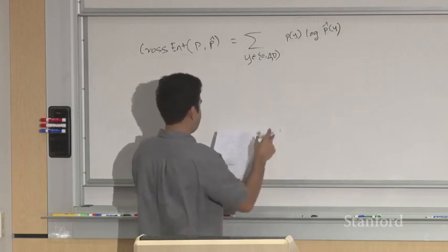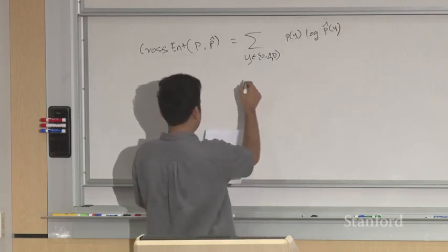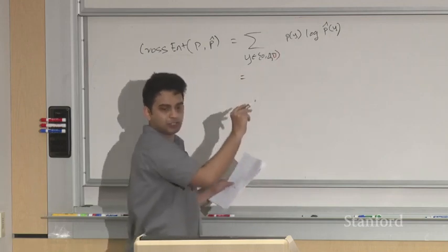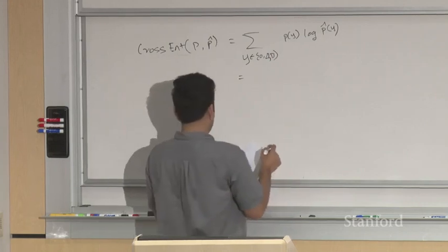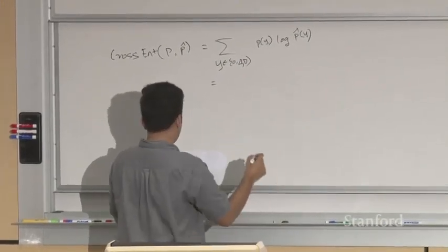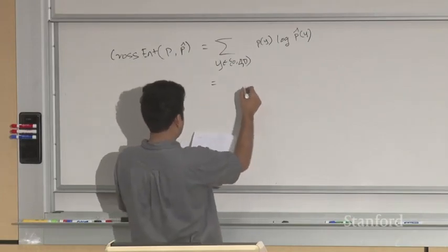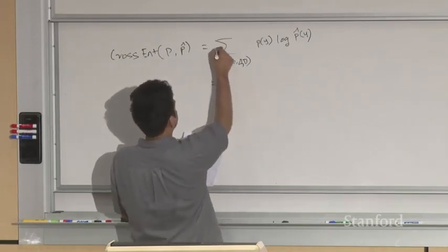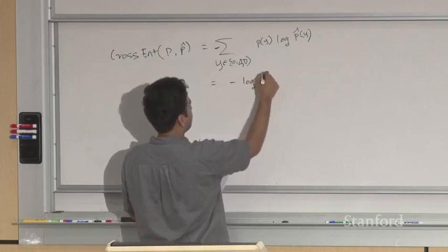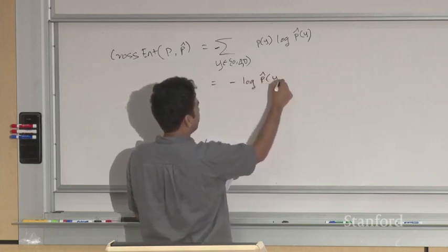I don't think we'll have time to go over the interpretation of cross entropy, but you can look that up. So here we see that p of y will be 1 for just one of the classes and 0 for the others. So let's say in this example y was a triangle. This will essentially boil down to minus log p hat of y triangle.